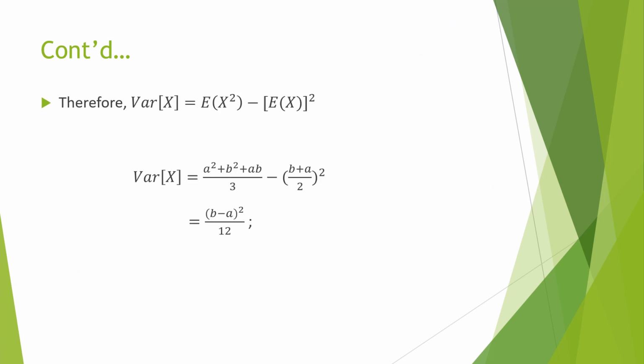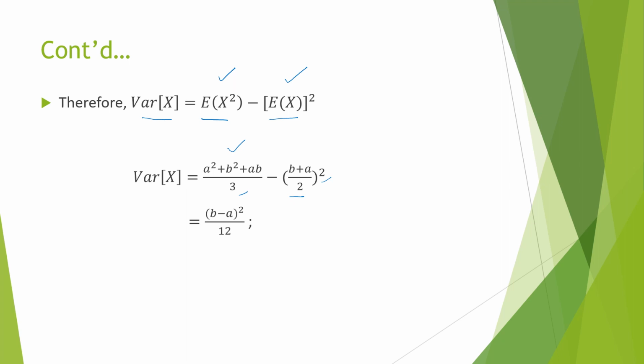Now we are calculating variance x of the uniform random variable. We know that variance x is equal to E[x square] minus (E[x]) whole square, that is the mean square value minus the square of the mean value. We calculated the mean square value as (a square plus b square plus ab) by 3 and the mean value as (b plus a) by 2. So the square of that is ((b plus a) by 2) whole square.